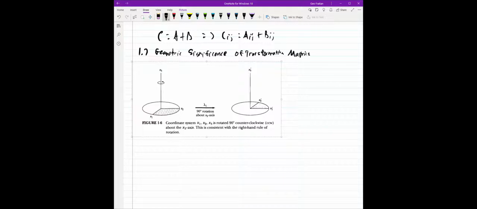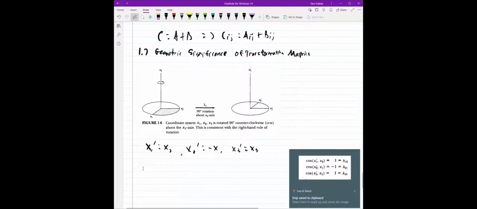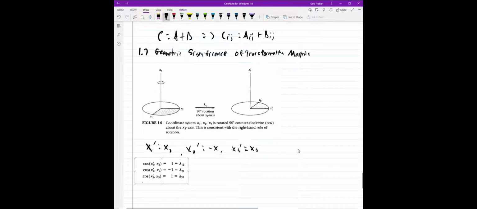What that basically tells us is x1 prime is equal to x2, x2 prime is equal to negative x1, and x3 prime is equal to x3. So if we were to do the math of the cosine of xi prime xj, we would get everything else is 0 but these elements.